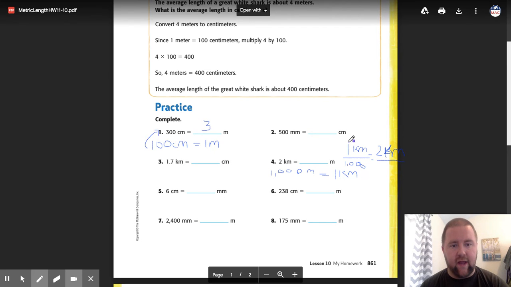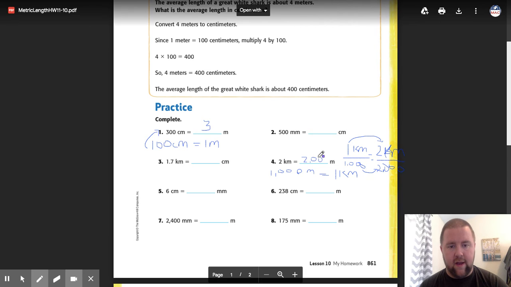Again, how did I get from 1 to 2? I multiplied it by 2. So I'd multiply this by 2, and that would give me 2,000. So my answer would be 2,000.